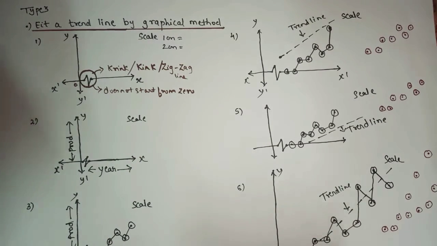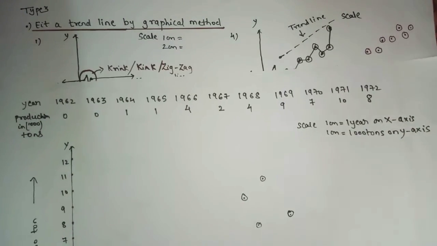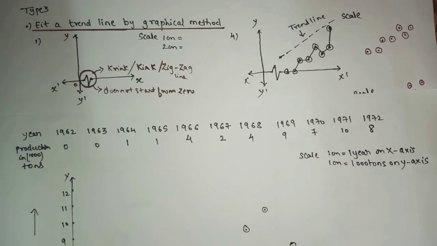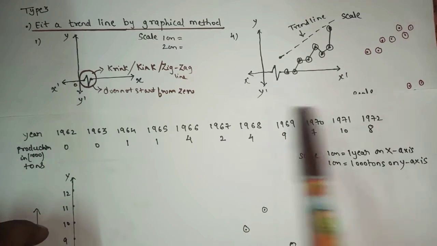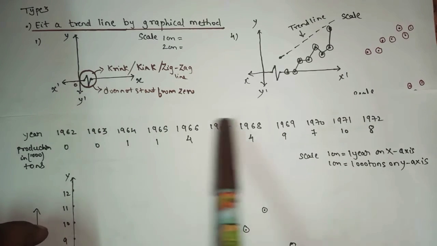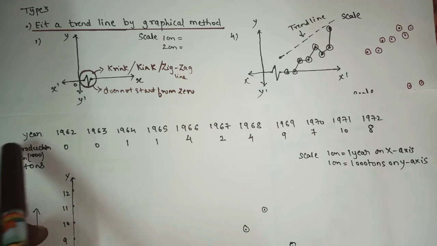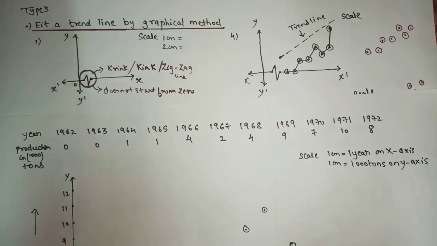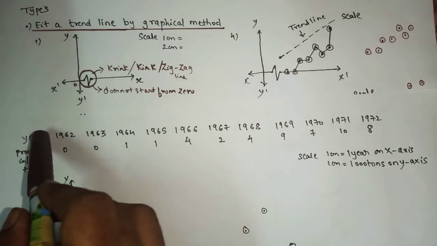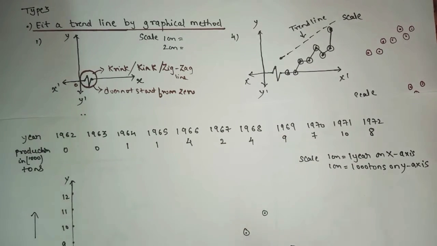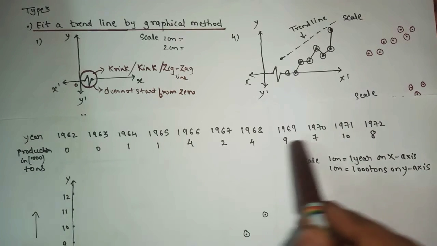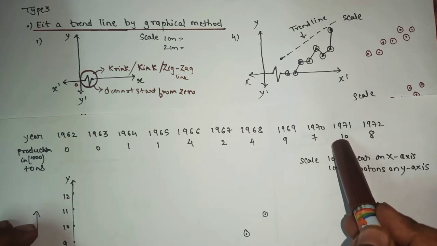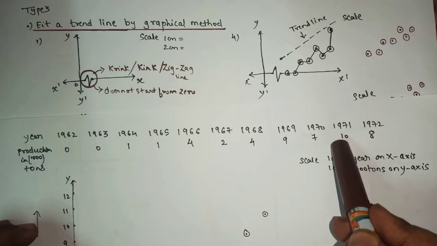For example, in statistics language, the first row, that is here, and in the second row we have production. In statistics language we always consider the first row as class and the second row as frequency. Yes or no?